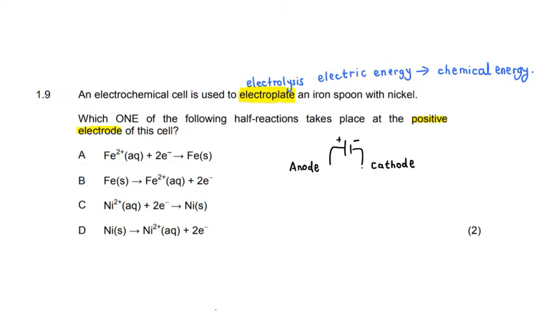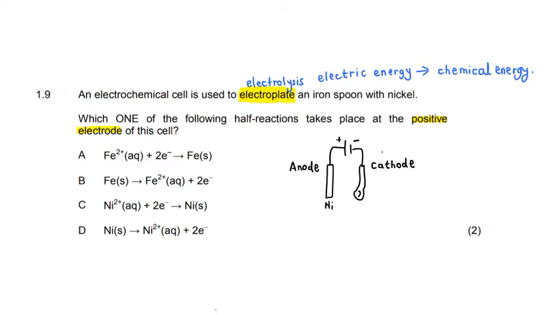So over here we're going to have the spoon. Nice drawing of the spoon, eh? So this is where the spoon is going to be, and then on this side we're going to have a solid piece of nickel. So that's it, just a rough schematic of what's going on.